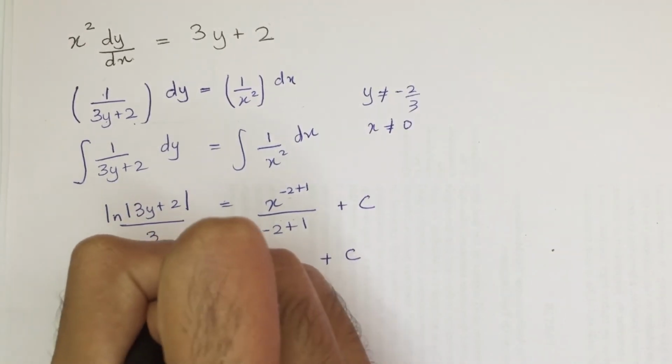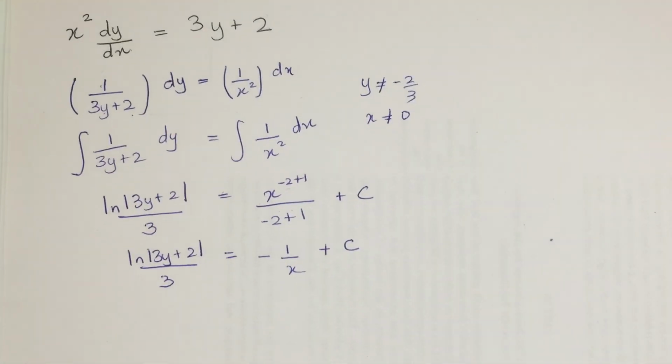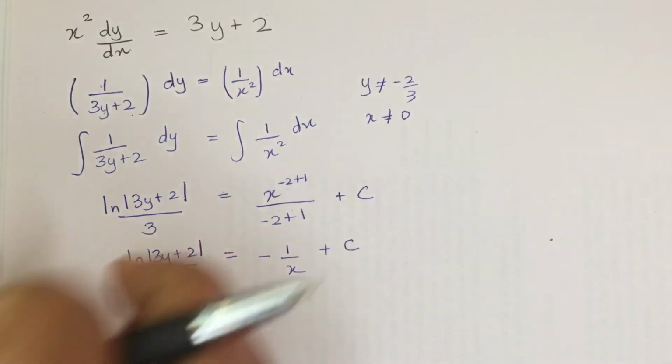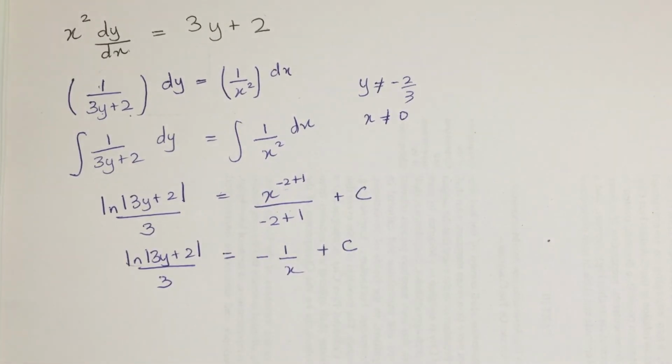And here, ln of 3y plus 2 over 3. Remember that we can solve to get the answer for y. If you consider this, y is going to have an implicit solution, which simply means the y is hiding inside a particular equation or form.